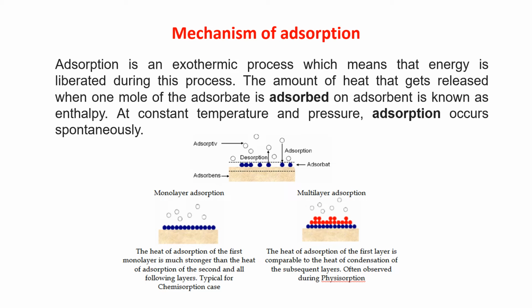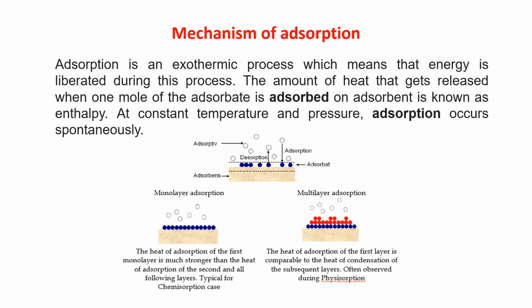Adsorption is an exothermic process. Already it is said in the difference between adsorption and absorption that adsorption is an exothermic process, which means that energy is liberated during this process. Why is adsorption an exothermic process?